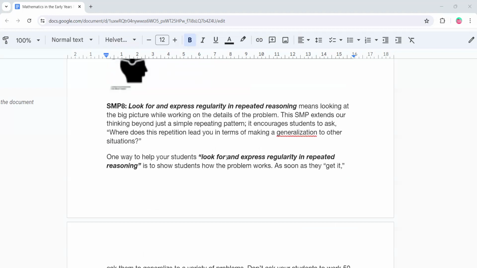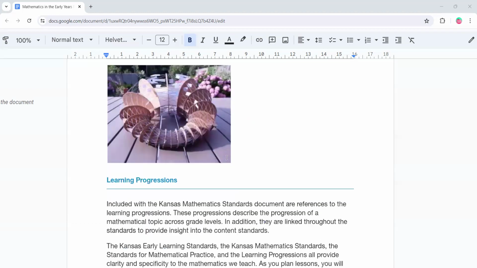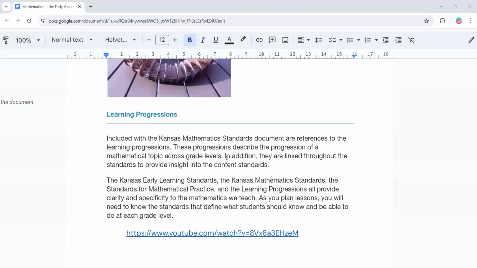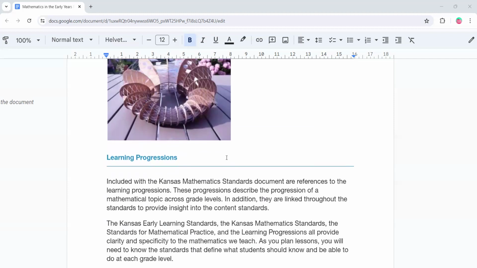And I said at the end of the video, I'll tell you what this learning progression means. Included with the Kansas Mathematics Standards document are references to the learning progressions. Learning progressions are related to the Kansas Mathematics Standards, which is the second one that we discussed. These progressions describe the progression of a mathematical topic across grade levels.